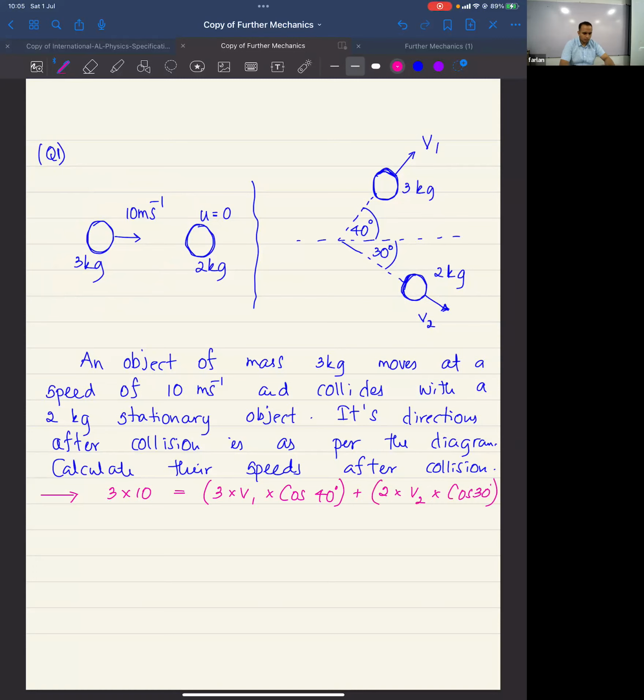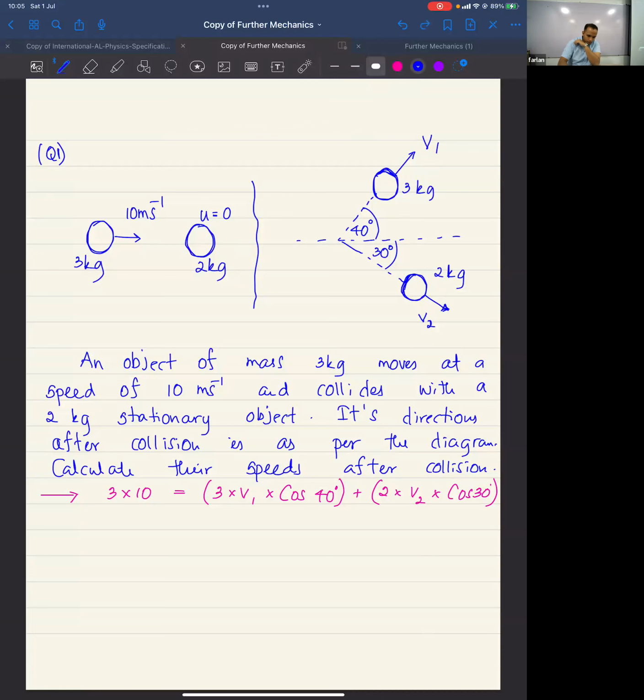You remember how to take the component of a vector. The momentum of this object is 3 into v1, in a direction given like this. So its momentum to the right will be 3 into v1 cos 40. Am I right? Yes, you have to resolve the vector.